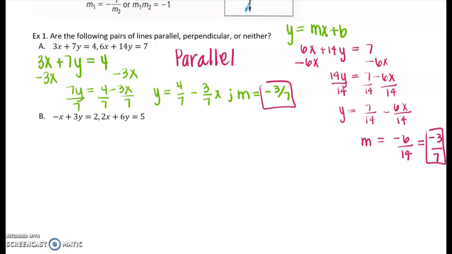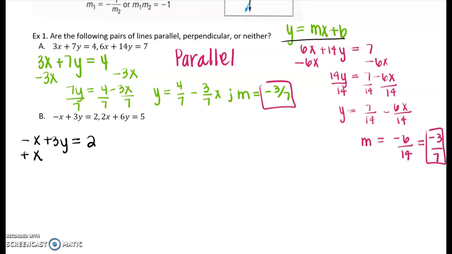So we have -x plus 3y equals 2, and 2x plus 6y equals 5. So in both of these cases, they're not in y equals mx plus b. So again, our first step is to convert them into y equals mx plus b. So -x plus 3y equals 2.